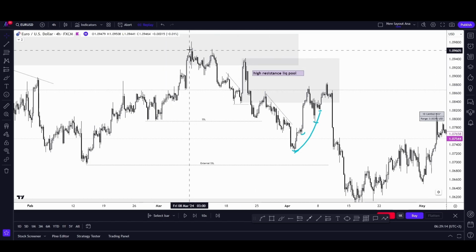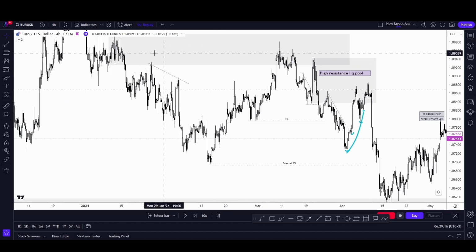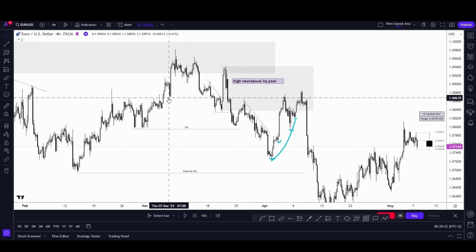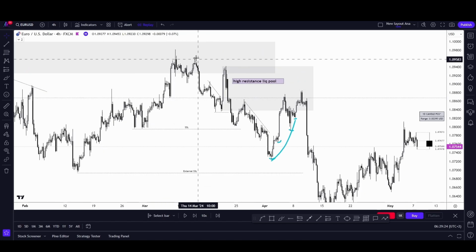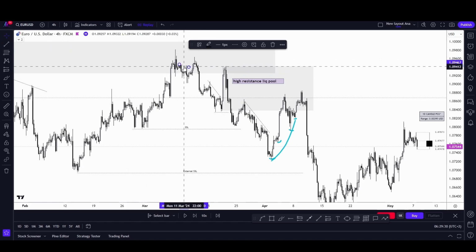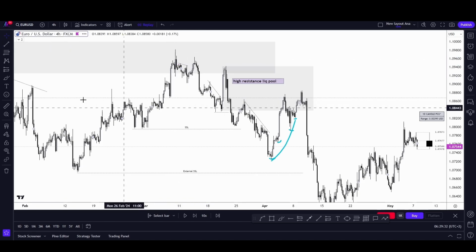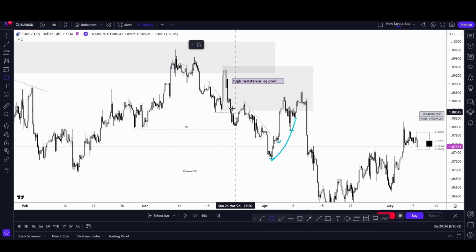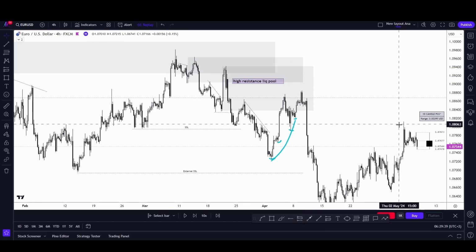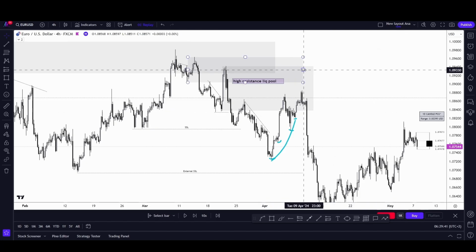If they pay closer attention to the higher time frame and they know where price is coming from before, and that we had a market structure shift here and we have an order block that has previously liquidated a low, a trend line, low resistance liquidity. So we have another high resistance liquidity pool here, or a high probability order block.